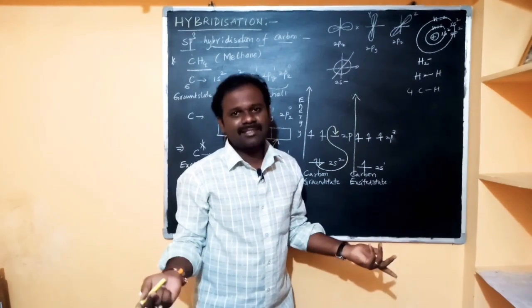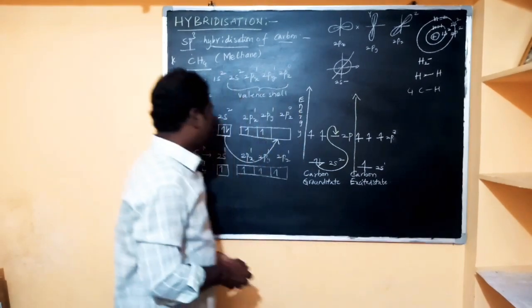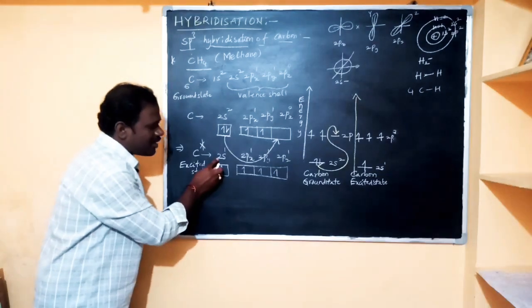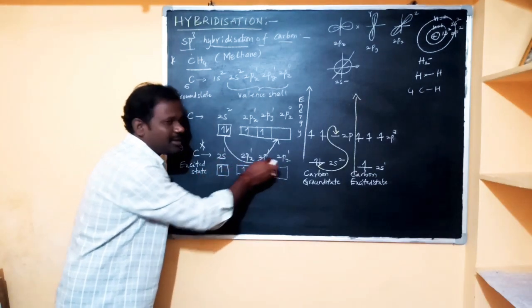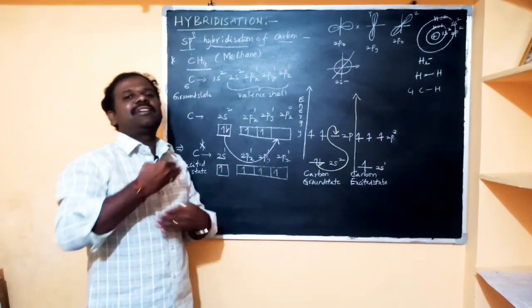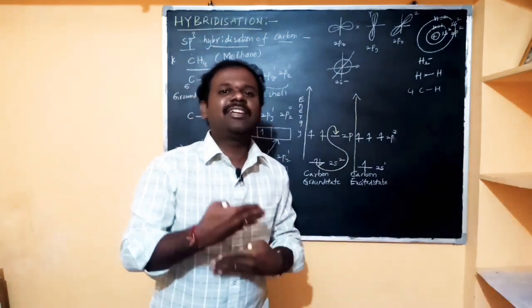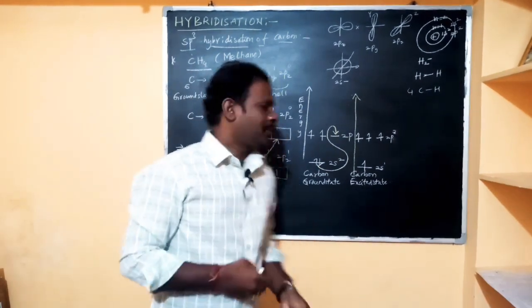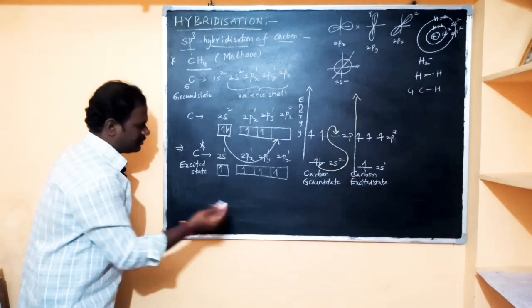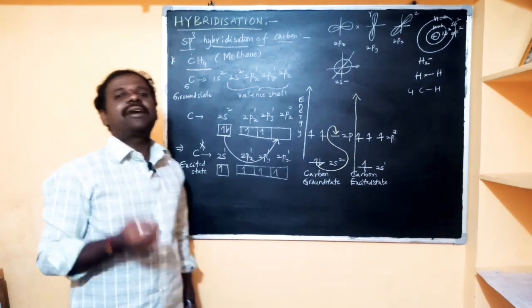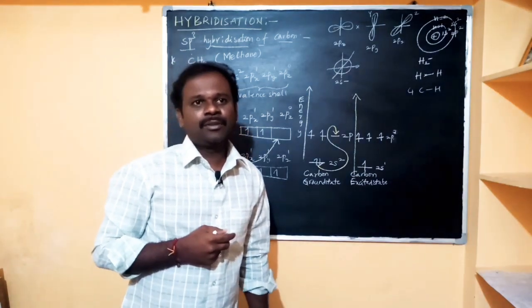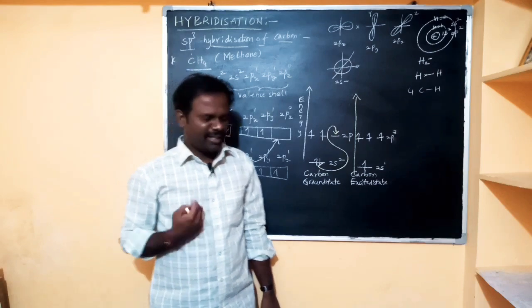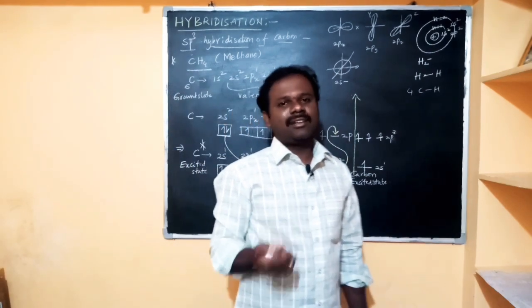What is the chance? The 2s orbital and 2p orbitals intermix with each other for the formation of hybridized orbitals. So here a new concept is introduced. What is it?